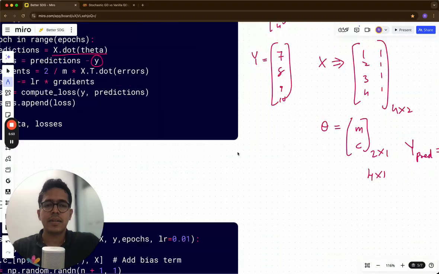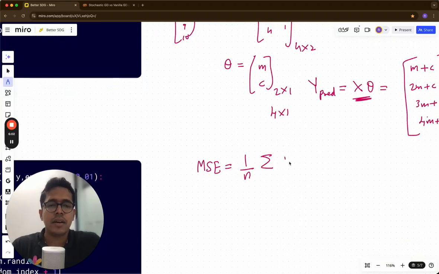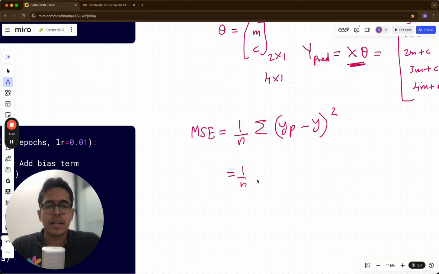So in mean squared error, MSE equals 1 by n times sigma of (y predicted minus y actual) square, and this equals 1 by n times sigma of (mx plus c minus y) the whole square, right?